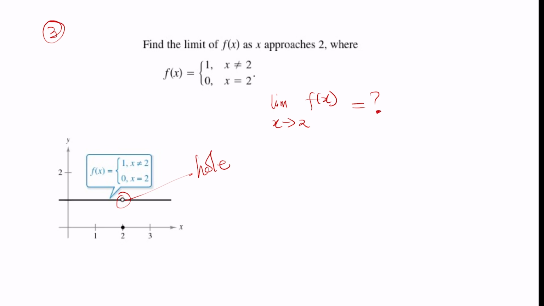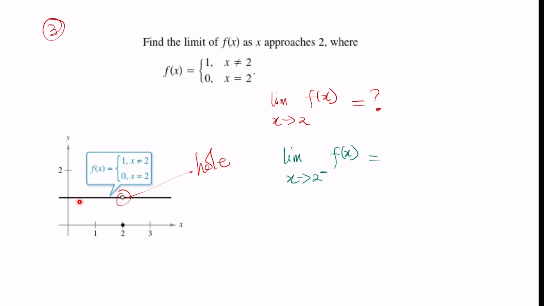First of all, we need to find the limit as x approaches 2 from the left, the limit as x approaches 2 from the left of f(x). To do that, we go to the graph. This is 2, and everything here is the left side of 2. As I approach 2 from the left side, the value on the y-axis is the value that I'm picking. So the value here is what? It is 1.